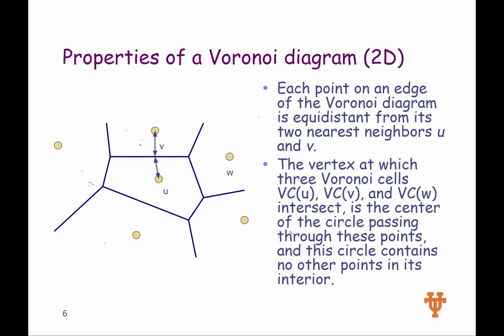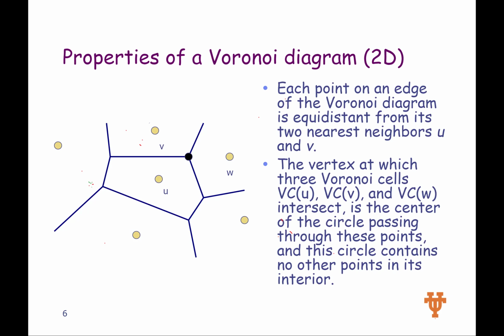And the vertex at which three Voronoi cells intersect is the center of the circle passing through those points, U, V, W. Does that make sense?